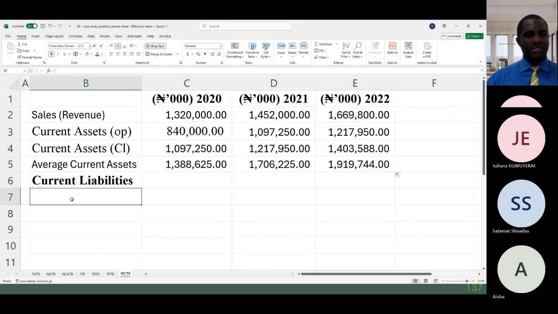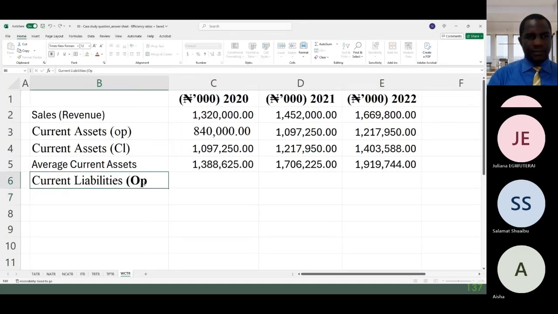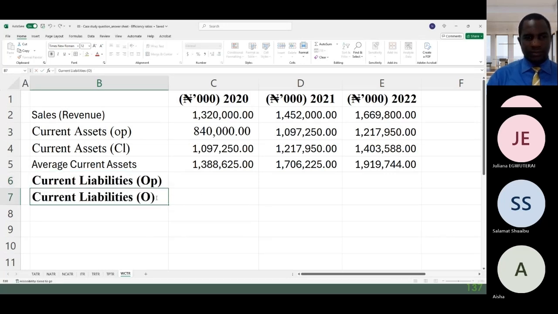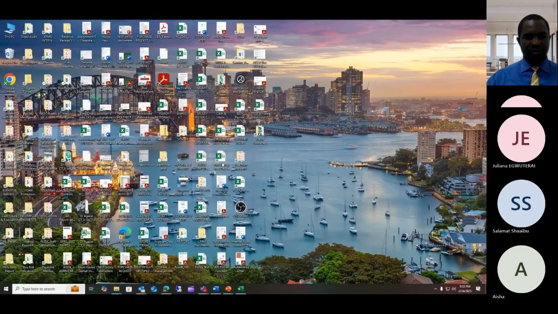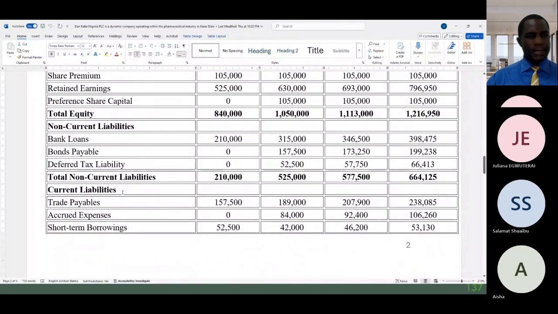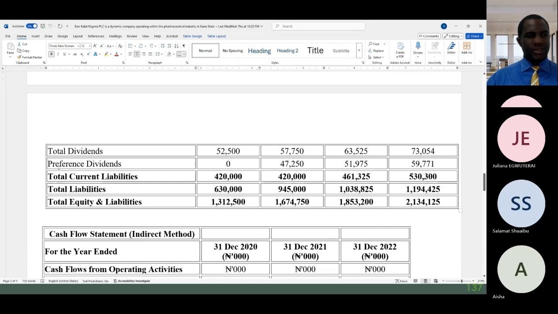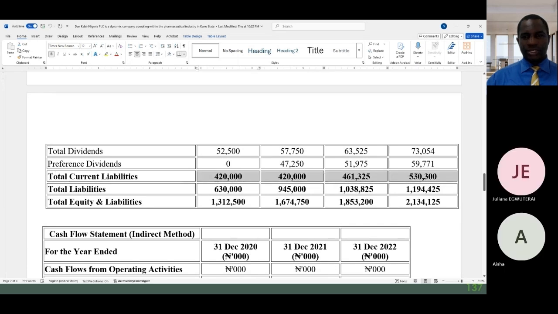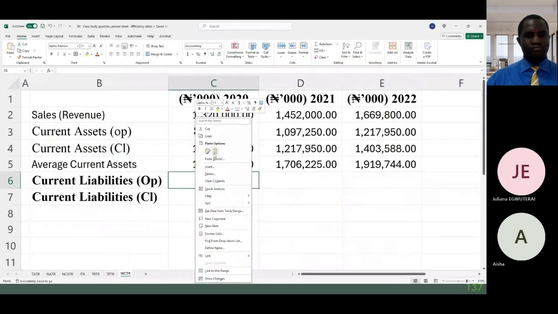Then our current liabilities. Let's have the opening. Let's have the closing. All right, so we have the total current liabilities. We have it as 420. These are the figures, total current liabilities.